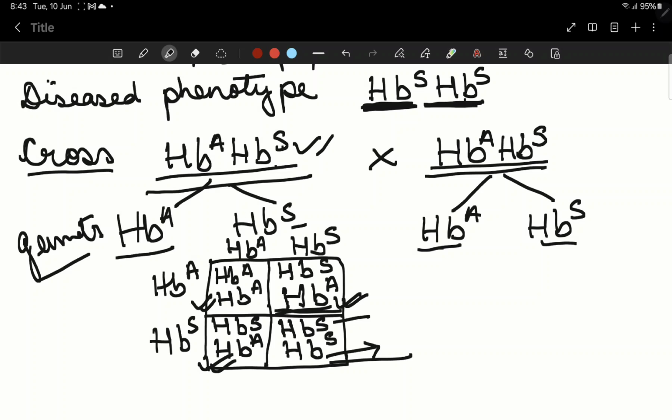Both of them will be heterozygous individuals, apparently carrying the disease but not showing the condition. After the cross, we can very easily make out that there is only a 25% chance of an affected progeny. That means out of 4 progeny, only 25% will have the probability of having the disease condition.